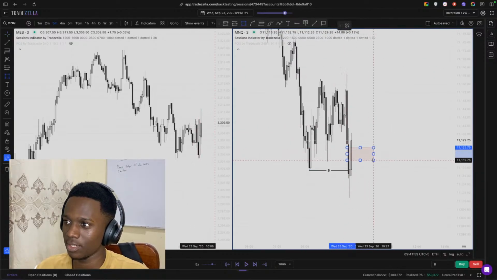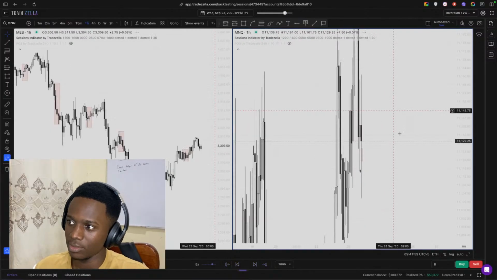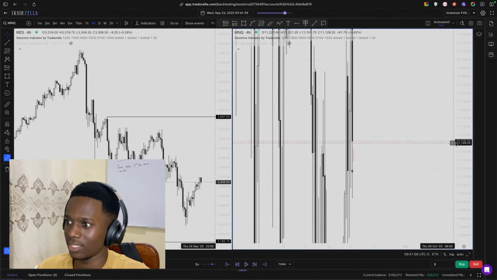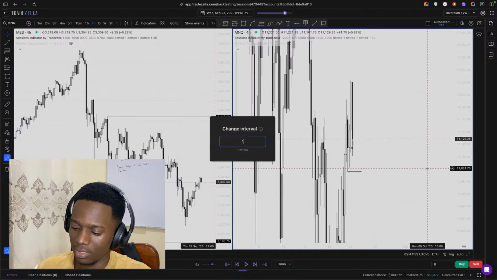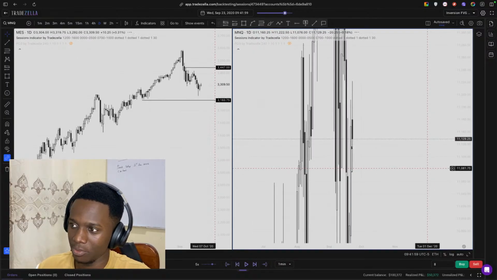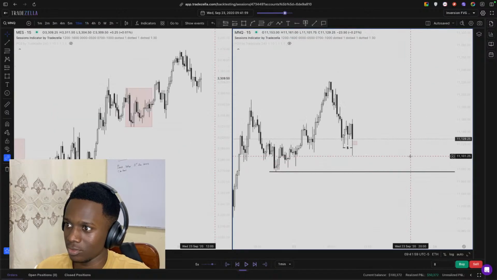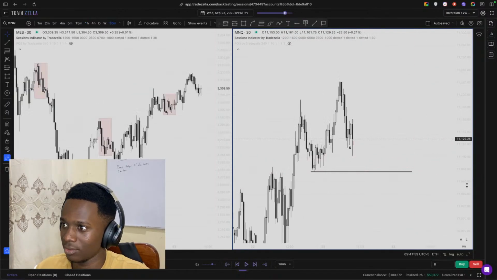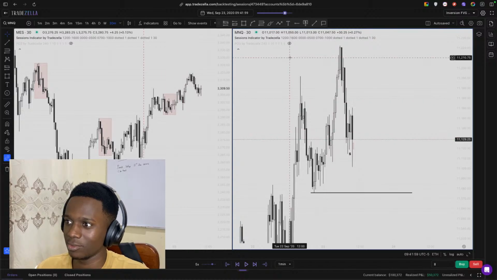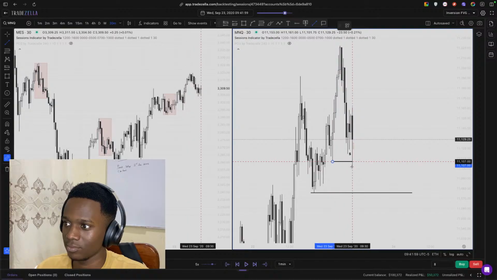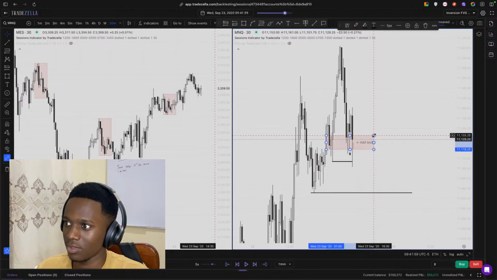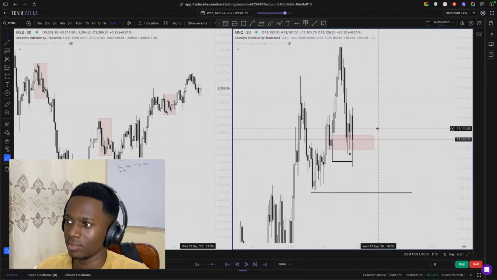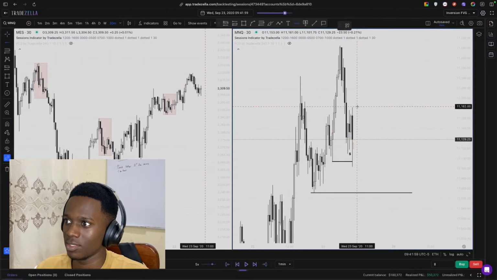Okay, then we get this inversion. So check the 1 hour. We don't have any gap at all. I don't have any POI at all. So if we long this, we'll just be winging it, to be honest. Except if we maybe use this 30-minute gap to see delivery to this high here.